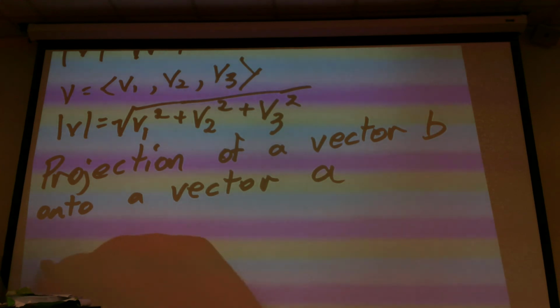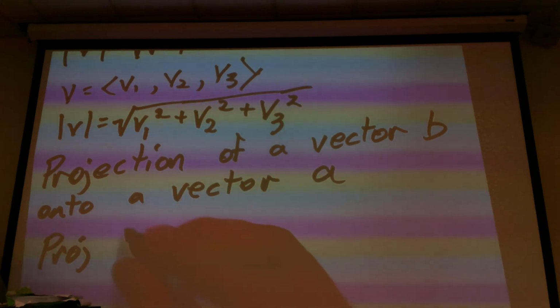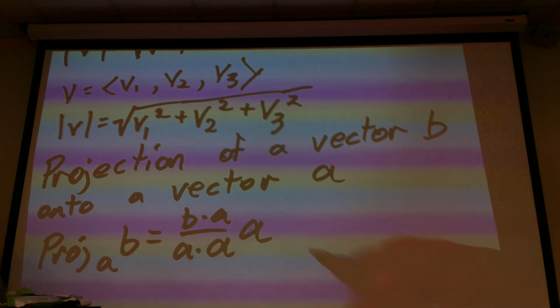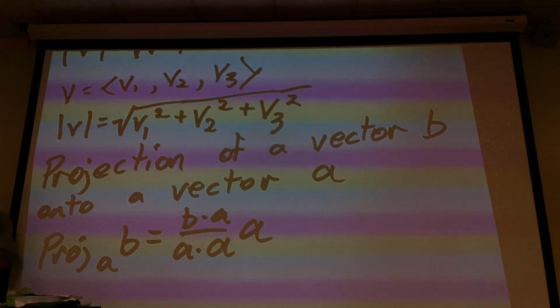So this would be the projection of B onto A. All right, so this would be B dot A divided by A dot A and then multiplied by A. So the dot product also allows us to do projections.